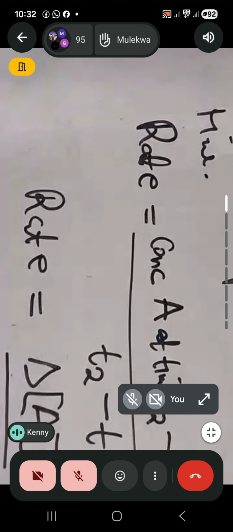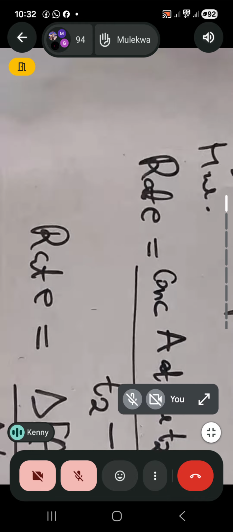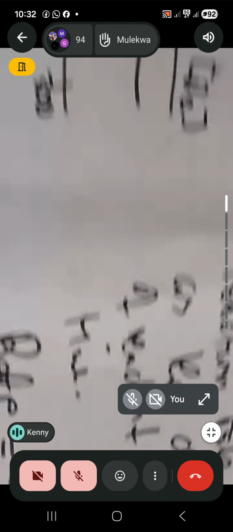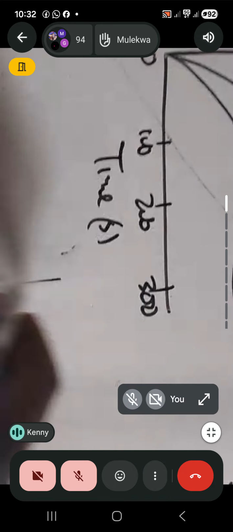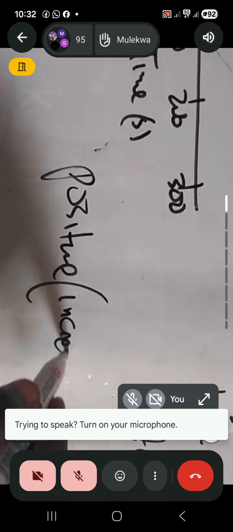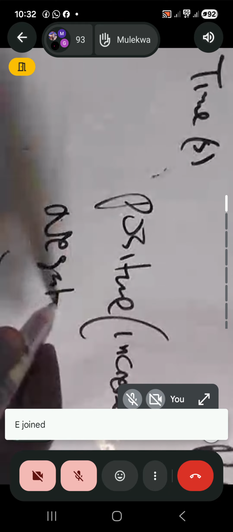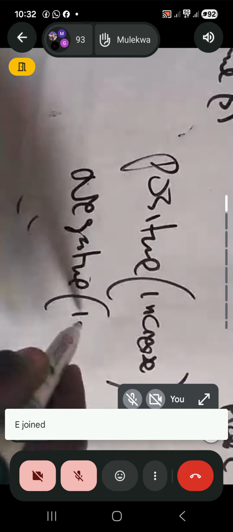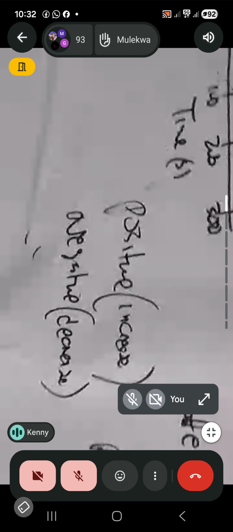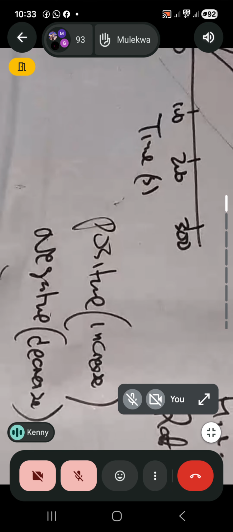So the change can be positive, meaning increase, or negative, meaning decrease. So we can have a positive change or negative change.